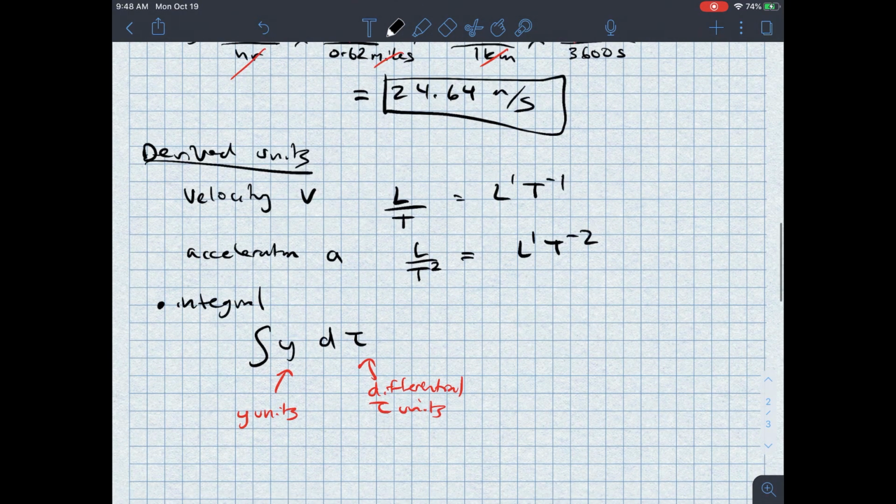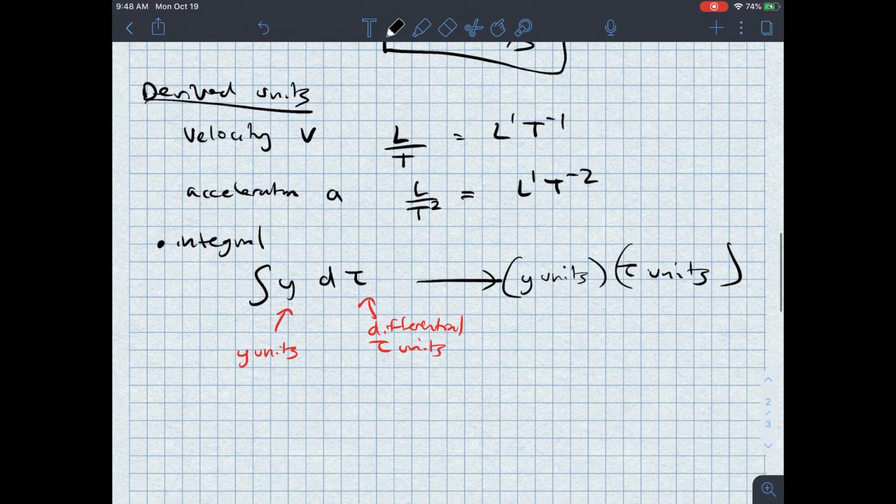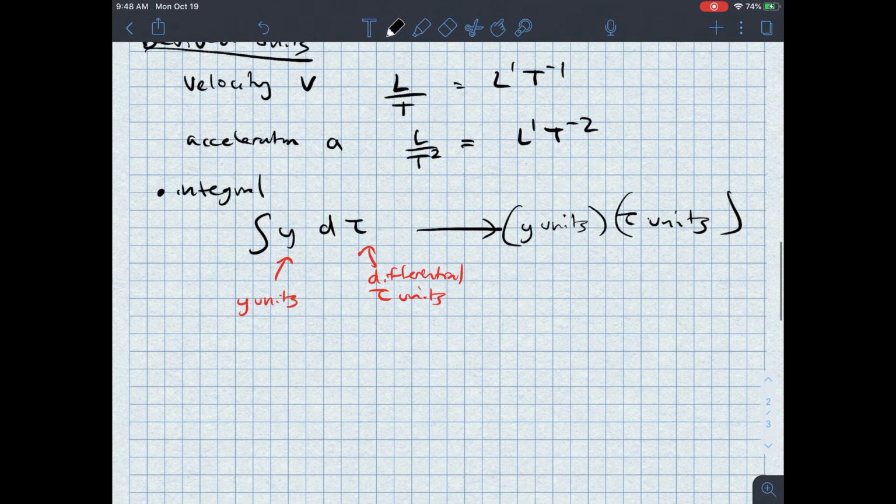Then when I take the integral, this is going to equal y units multiplied by the tau units. That's an integral.